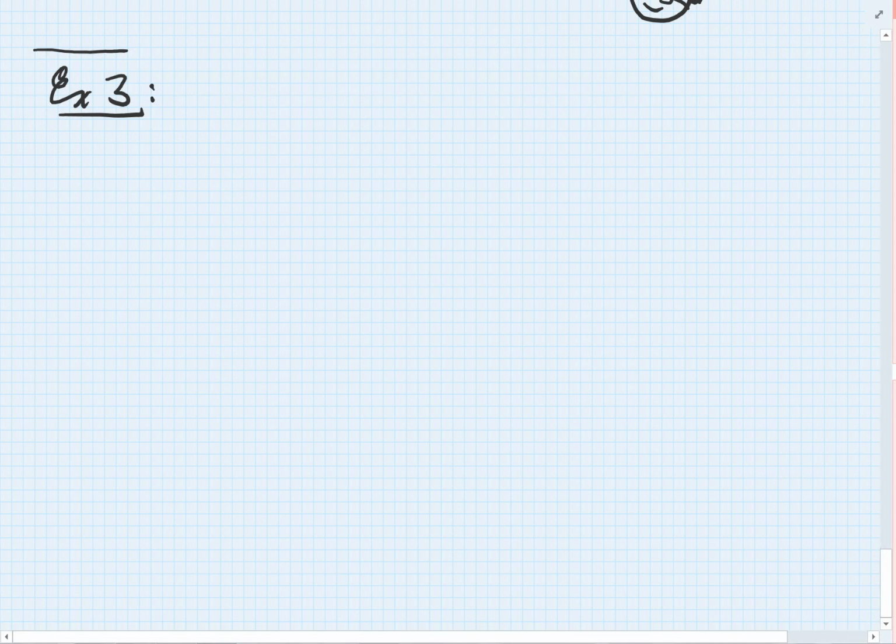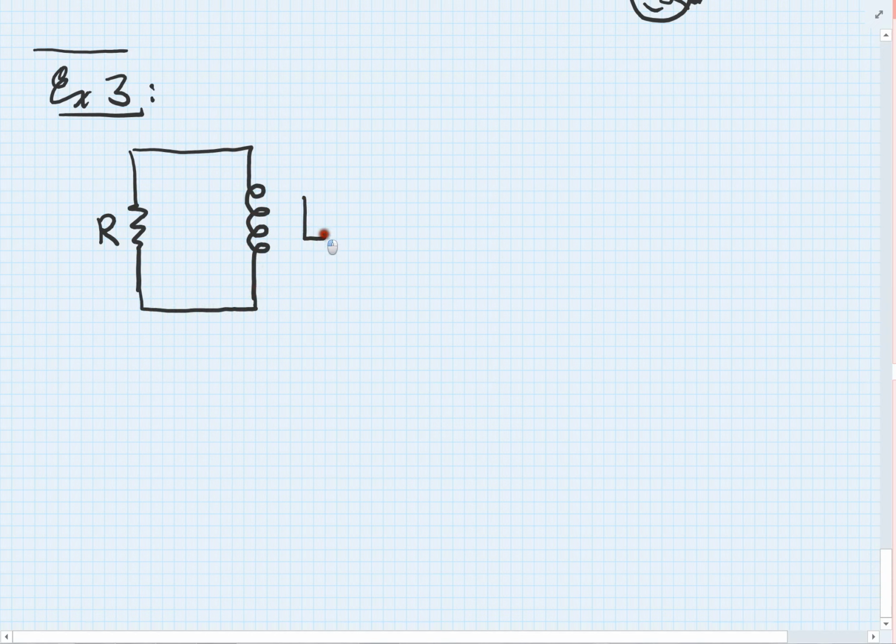So here's what my example is going to look like. It's going to be the simplest possible LR circuit. In particular, all that I'm going to have in this circuit is some resistance R on one side of my circuit and an inductor L on the other side. Now what's going to make this circuit at least interesting is that I've somehow powered up this inductor L, perhaps using the circuit that I'd shown you previously with a battery in there.